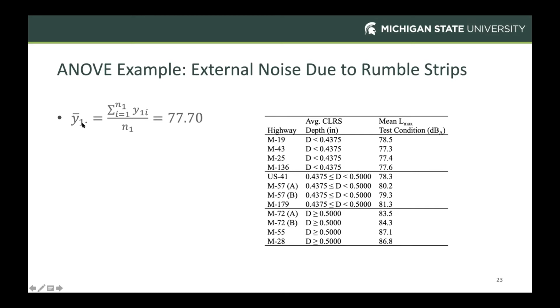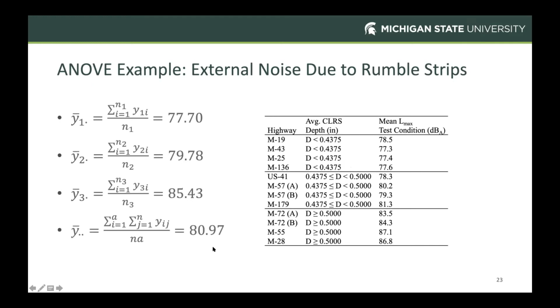This is just telling us what the mean noise level is for group 1, so corresponding to this first set of 4 observations. Y bar sub 2 dot means we're just taking the group mean for the second group of noise measurements. And similarly, Y bar sub 3 dot is the mean value of that third group, okay?